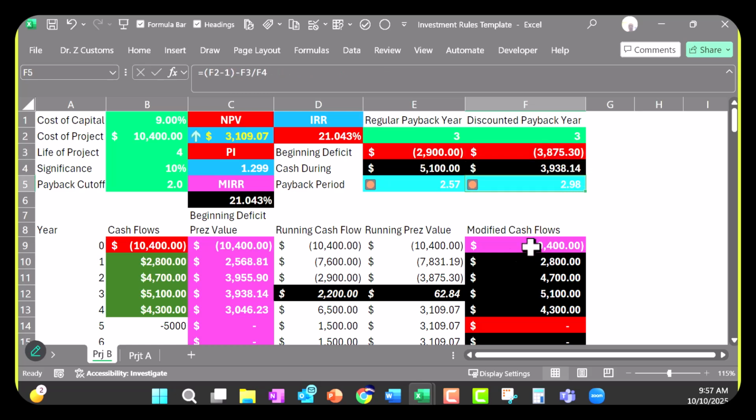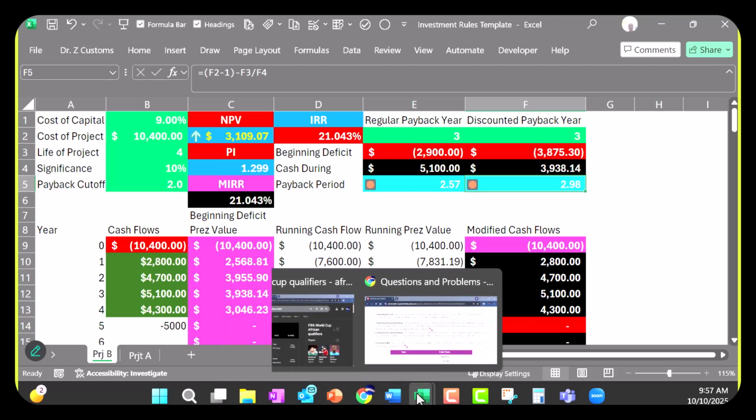So 2.98. That's pretty much how you calculate payback periods. Identify when the payback happens, and whether we're talking about regular cash flow or discounted cash flow. Enter the proper payback year. Just read off the numbers. That's why we developed this template.